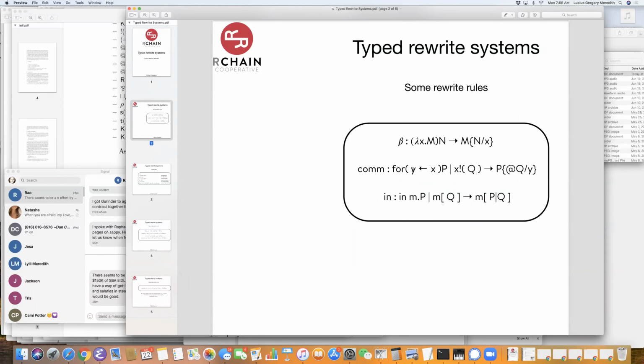Well, you might want to run the normalizer before that, but that's an implementation detail.